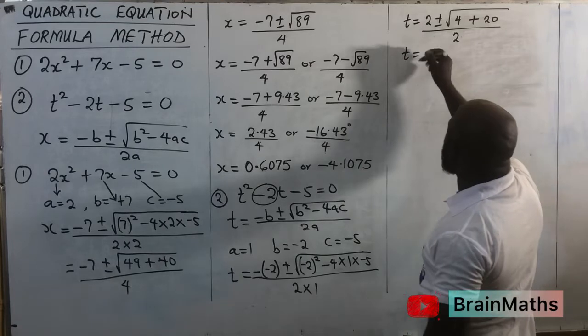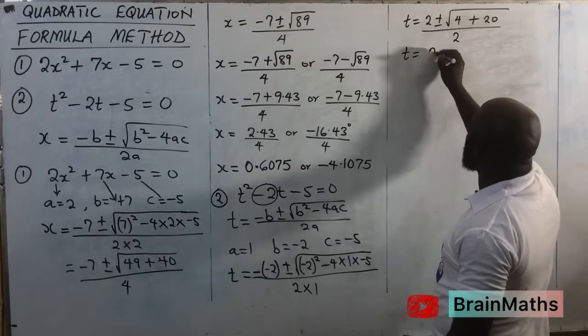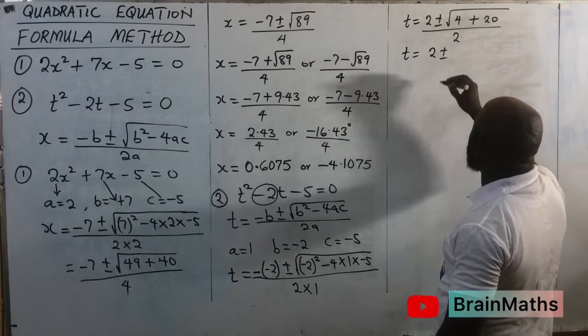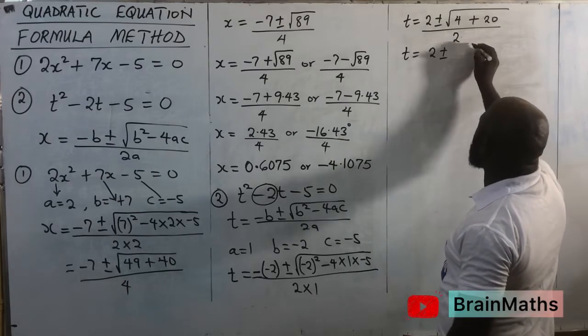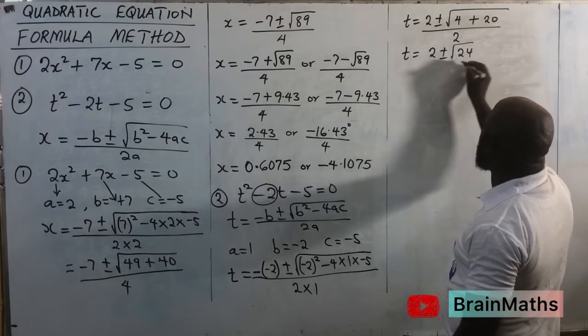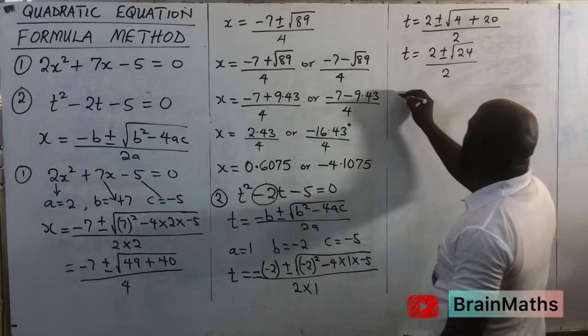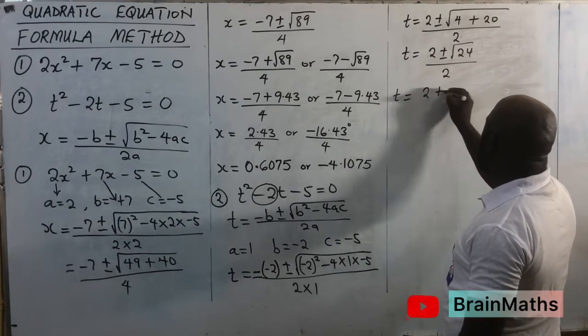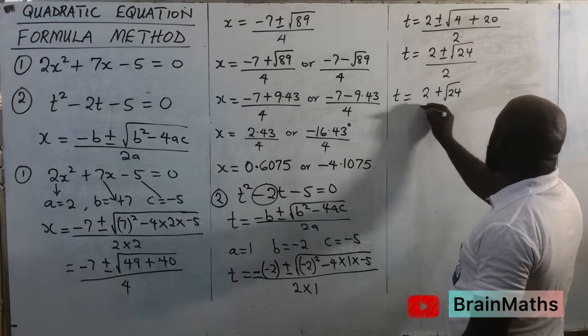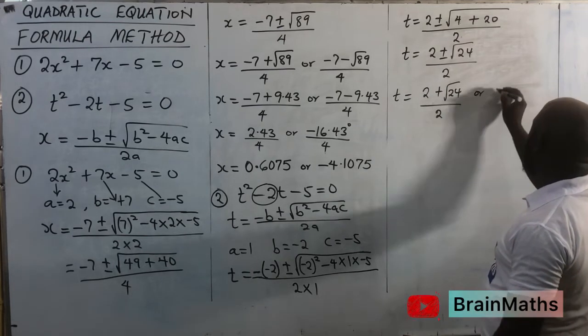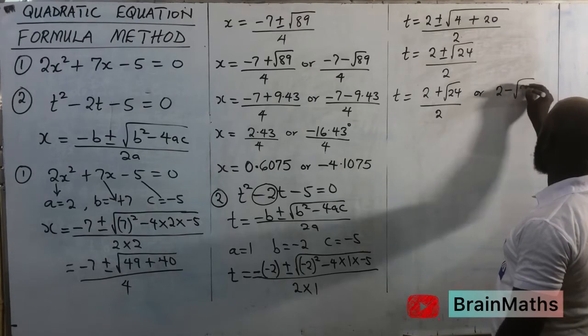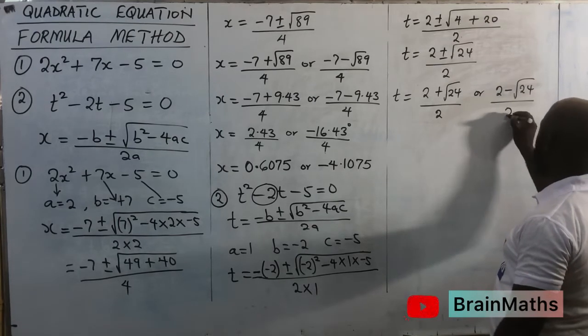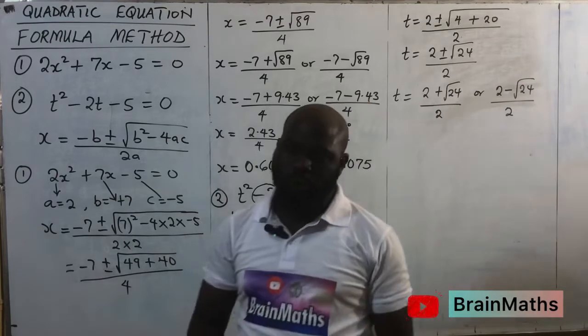So don't forget that we'll be writing two answers, one for positive, one for negative. 4 plus 20, that is going to give us 24 over 2. So our answer will be in this format: 2 plus root 24 over 2, or 2 minus root 24 all over 2.